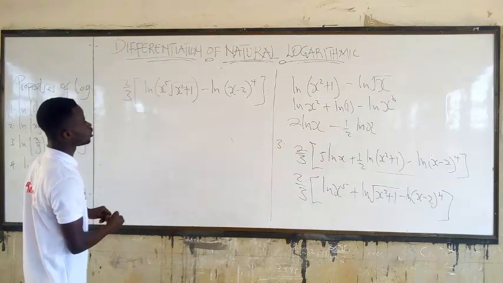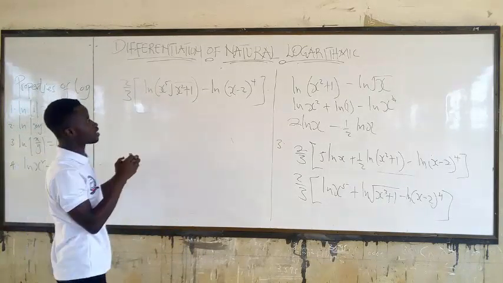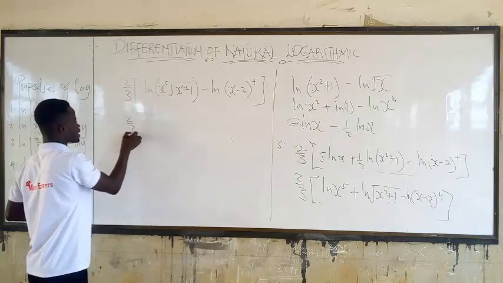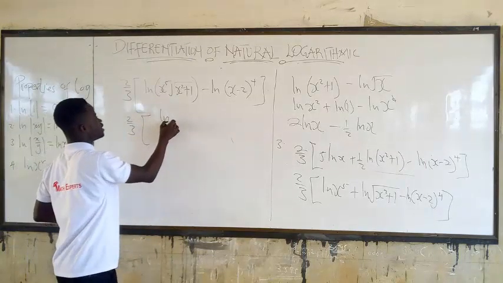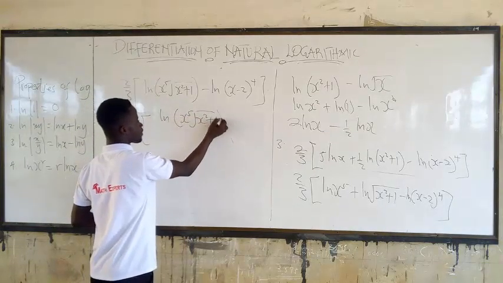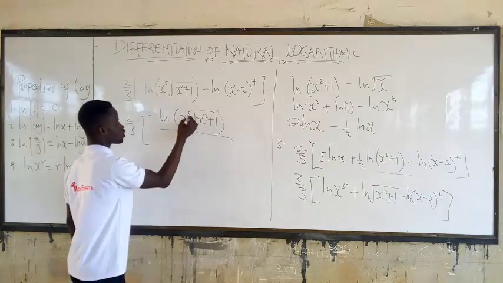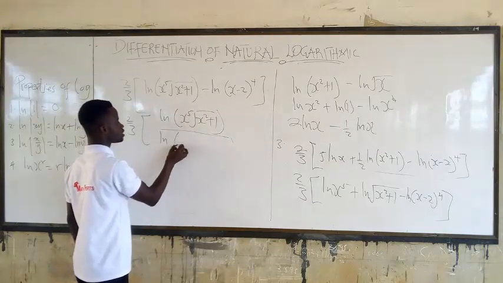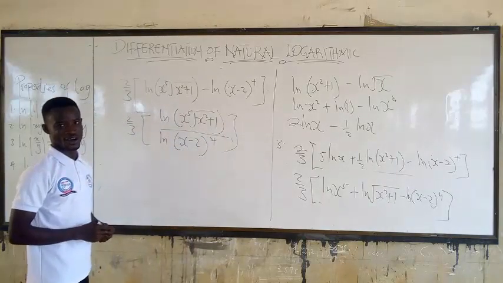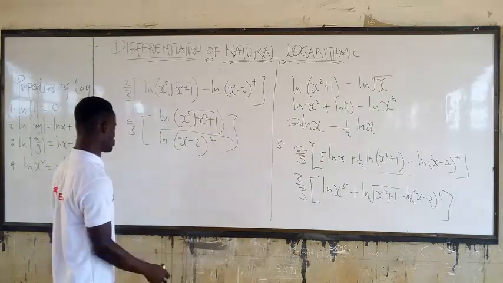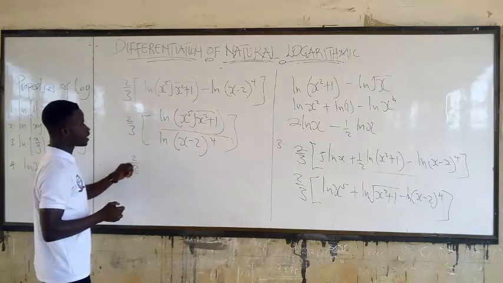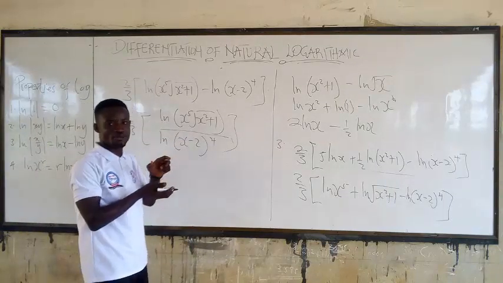Let's continue. So now, since we have a minus here, we apply the quotient. So 2 over 3, the same one here, ln s to the power 5, square root of s squared plus 1, all this over ln s minus 2 to the power 4. You can still do something. 2 over 3. Ln is here, so we can combine these two.